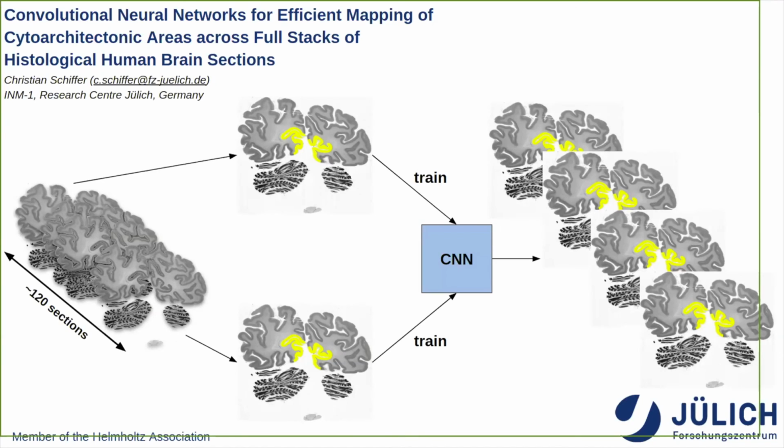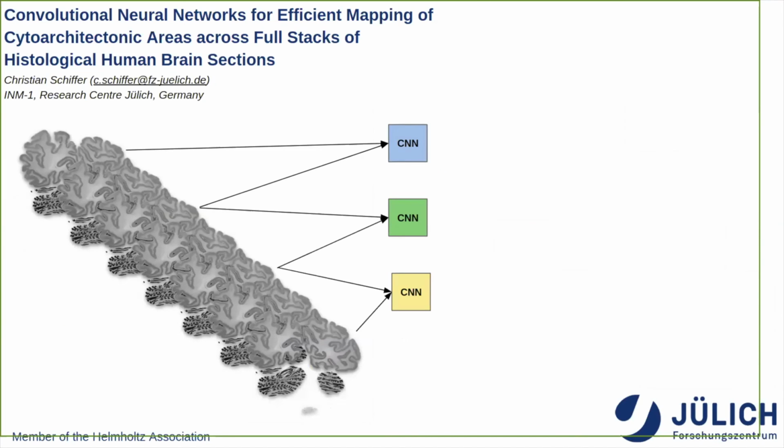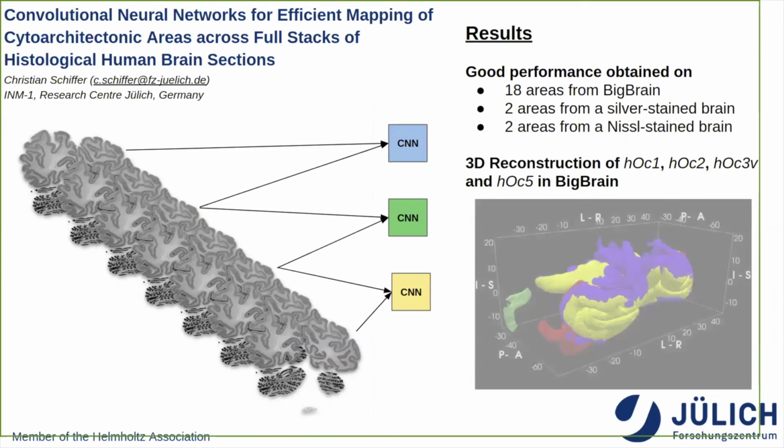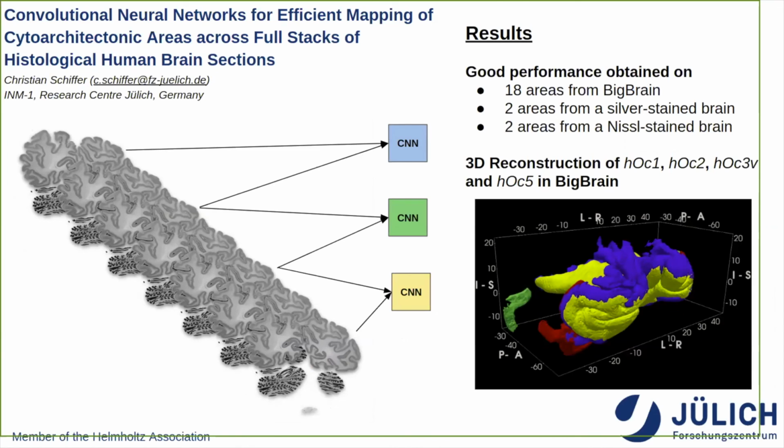When we can solve this small task, we can go up again and train one specialized CNN model for each local substack of sections. We already applied this method to 18 areas in the BigBrain and also to other areas in two different brains, one also silver stained like the BigBrain and one nickel stained, demonstrating that this method can also be applied to brains which were processed with different processing protocols.